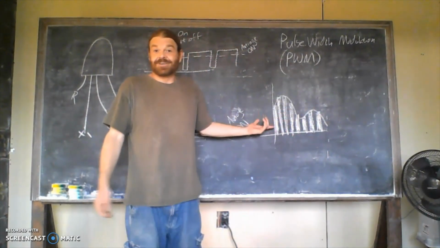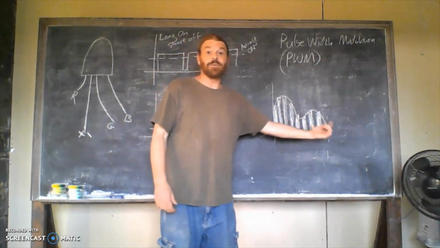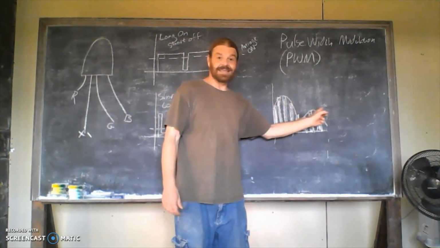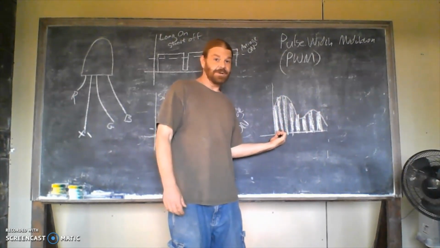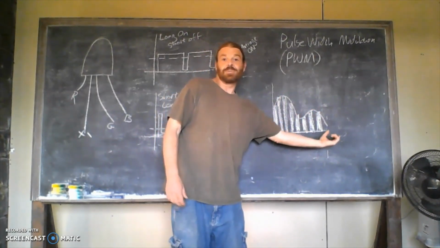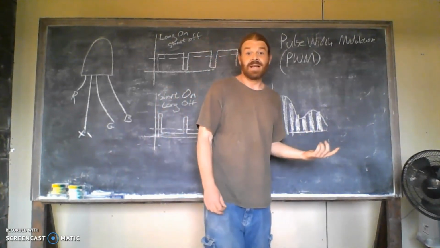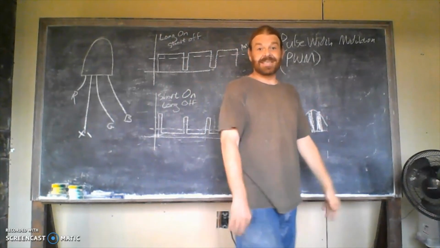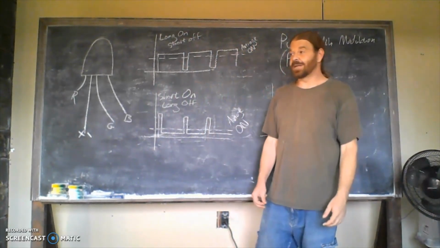If the real one's a sound wave, the person hearing the pulse width modulation version of it isn't going to tell the difference, because it happens so fast it blends together and sounds just like it.